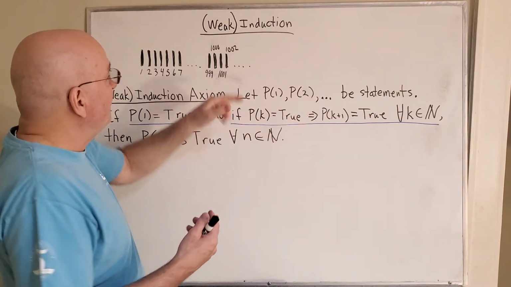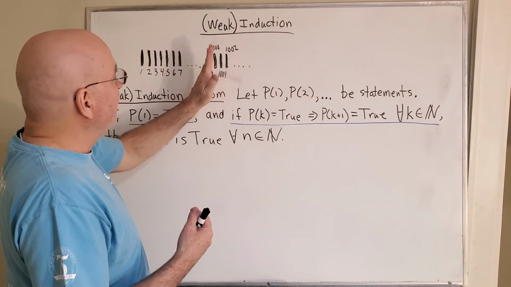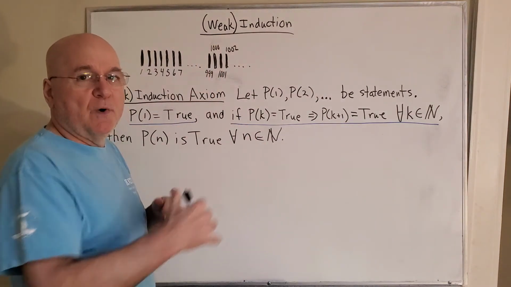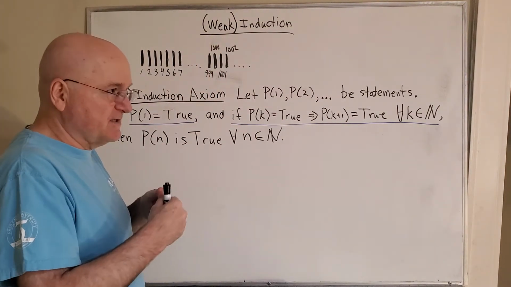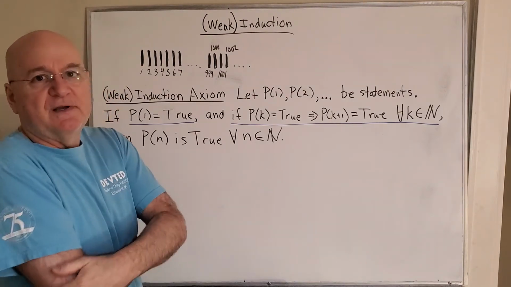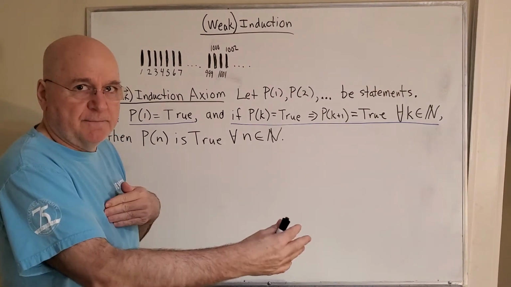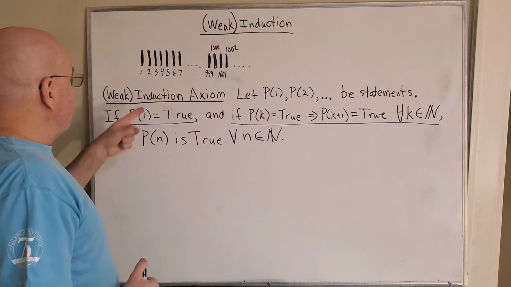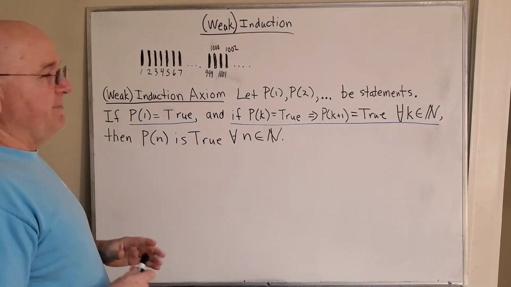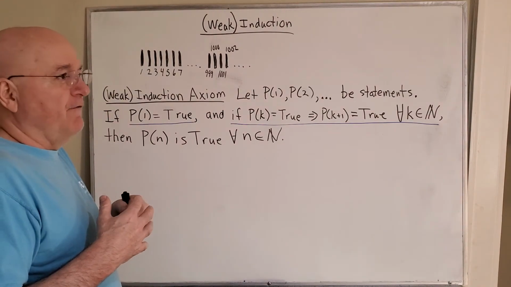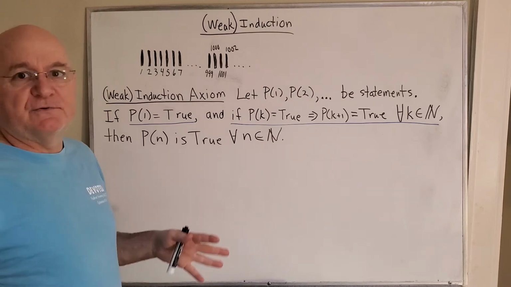And then if 1001 gets knocked over, that implies 1002 is going to get knocked over, and so on. So mathematical induction is a very, very powerful proof technique for proving a formula is true for all values of n.